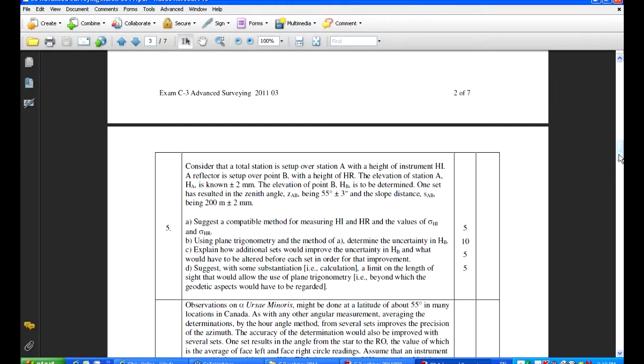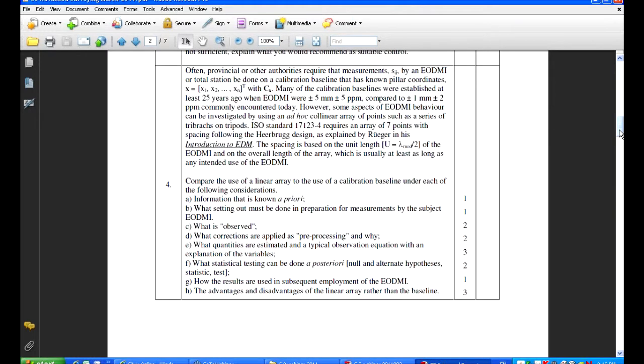James? Yes. I do have a candidate saying that if Ruger does not specifically answer this, can we go through it? Question 4, March 2011. Maybe given what I've explained today, I would like those of you who are concerned about this question to think a bit more about it.